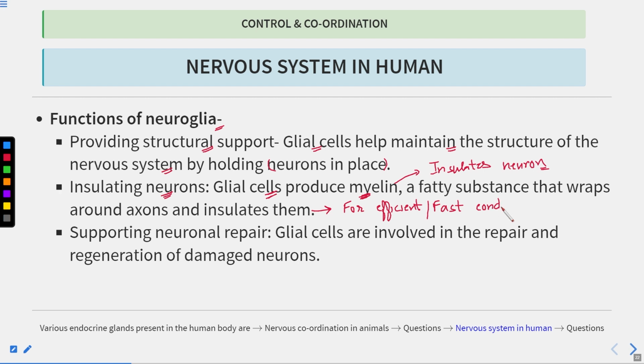So you can see the response is very fast. If there is a hot object touching your finger, you immediately remove it. That's why the conduction of the nerve impulse should be very fast. And this myelin sheath insulates the neurons, and this insulation helps in the fast conduction of the nerve impulse.